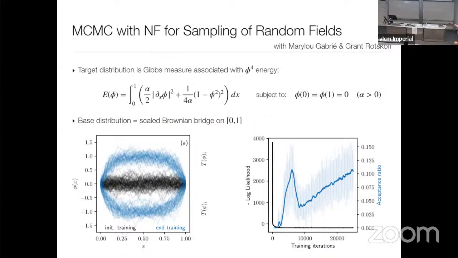The measure that we are looking at is associated with this energy: there is an exchange term here, and then there is a potential term here, which is bimodal. So this wants the field to be at plus or minus 1. You look at this measure subject to Dirichlet boundary conditions, and the typical samples that you get are shown in blue. There is bimodality. They are either a bridge that goes by +1 or by -1.